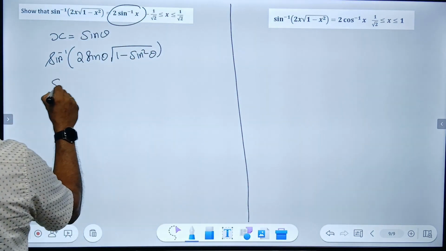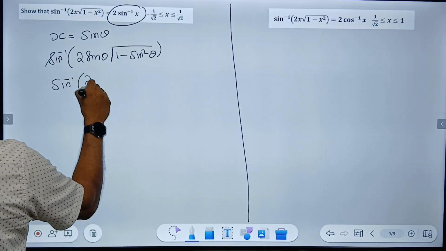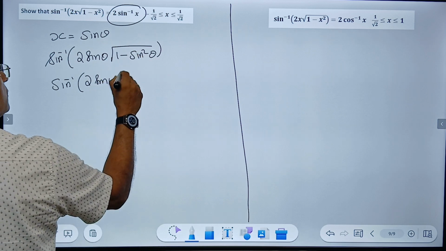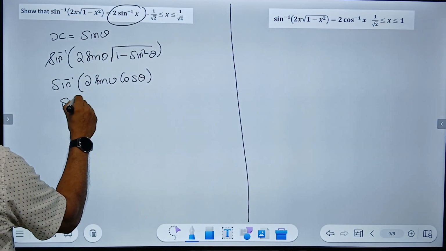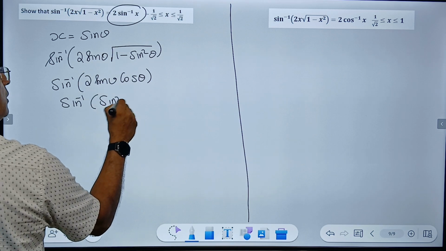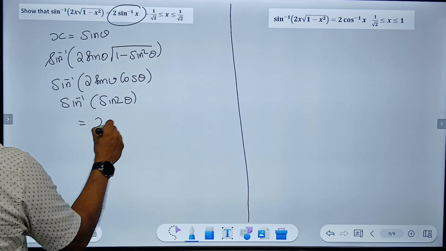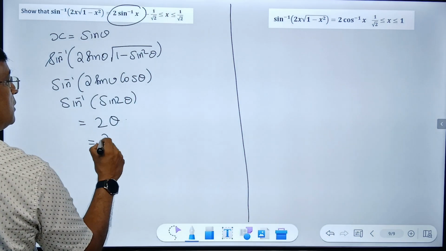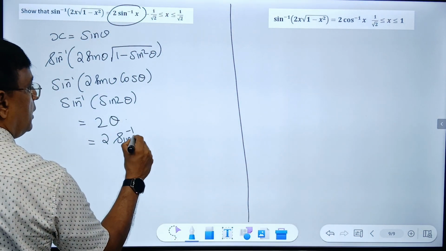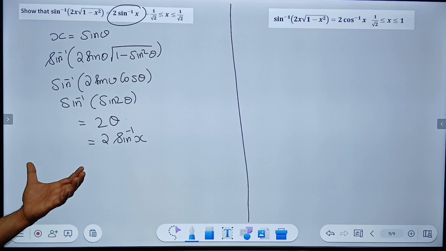So what is this? Sine inverse of 2 sine theta, and this is cos theta. What is 2 sine theta cos theta? It is sine 2 theta. What is sine inverse sine 2 theta? It's 2 theta. What is theta? Sine inverse of x. Simple, isn't it?